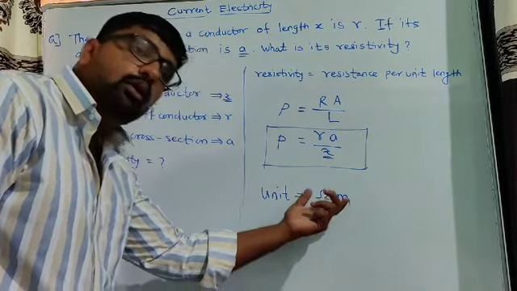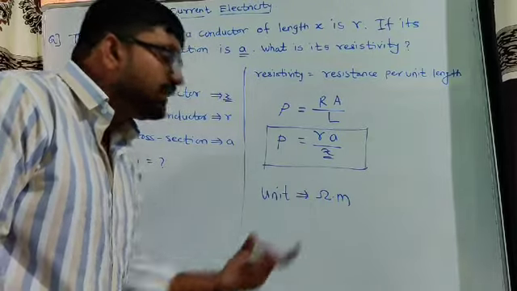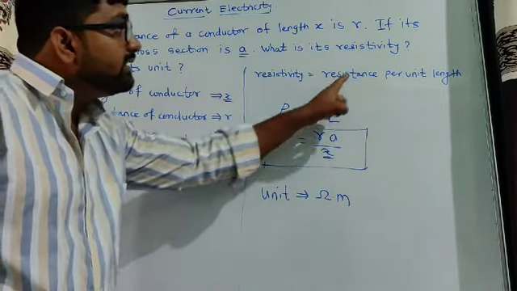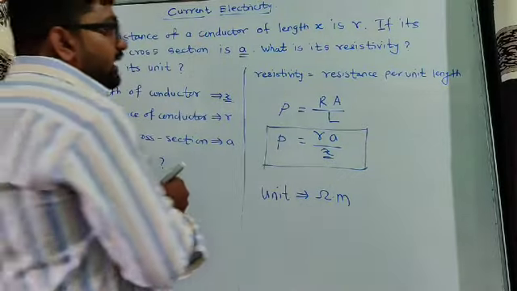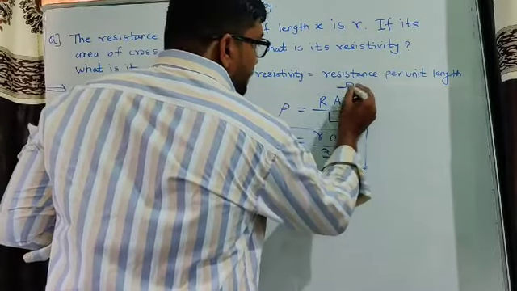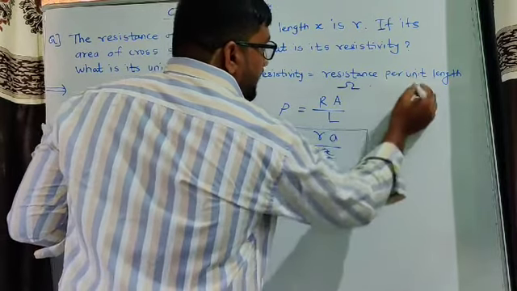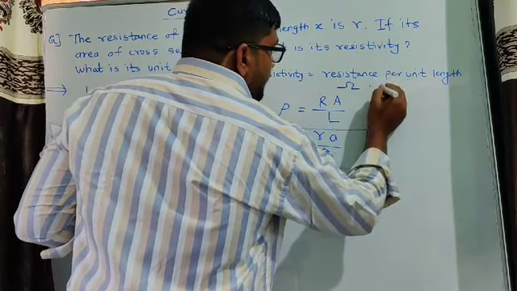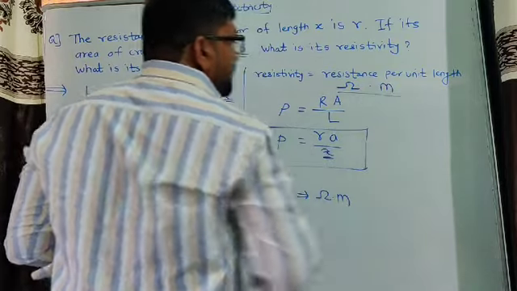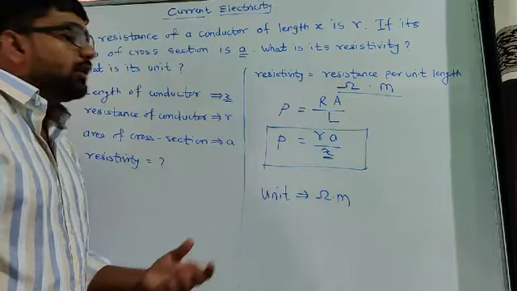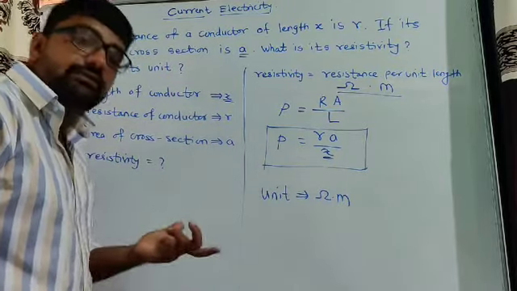Ohm is the unit of resistance and meter is the unit of length. Generally we say resistivity is what? Resistance per unit length. Resistance we indicate by the unit ohm, and length we represent by meter. So ohm meter is the unit of resistivity.